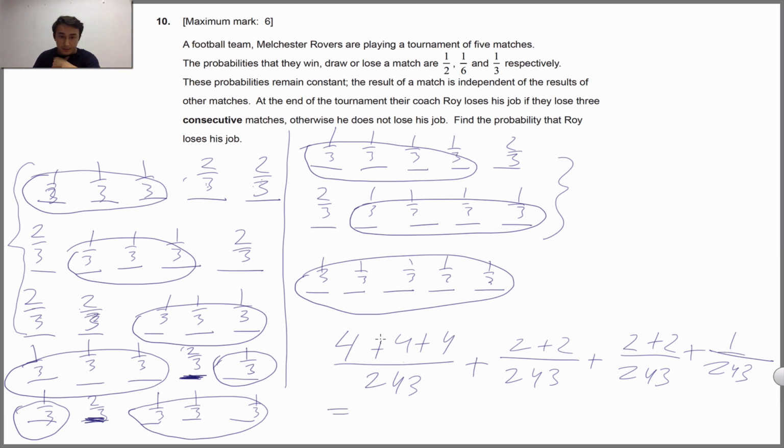Okay, finally, this is 12 plus 4 is 16, plus 4 is 20, plus 1 is 21, so 21 over 243. You can also simplify this by 3. 21 divided by 3 is 7. 243 divided by 3 is 81. So the answer is 7 over 81.